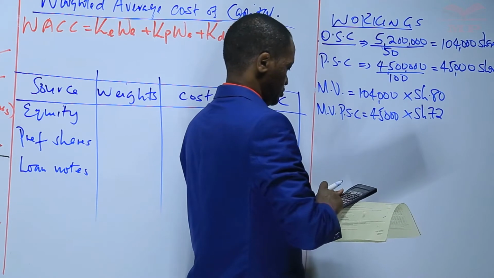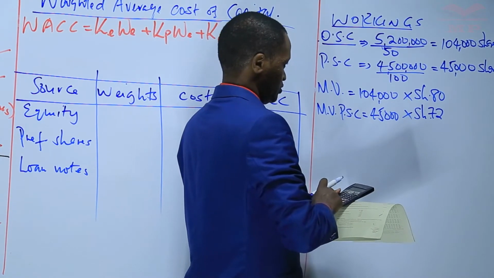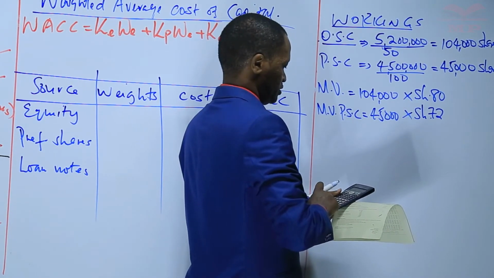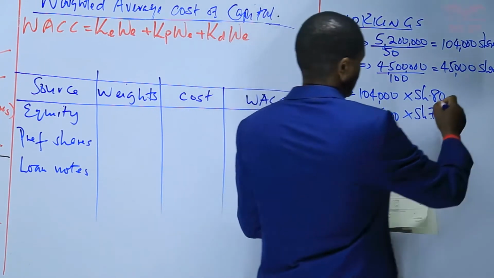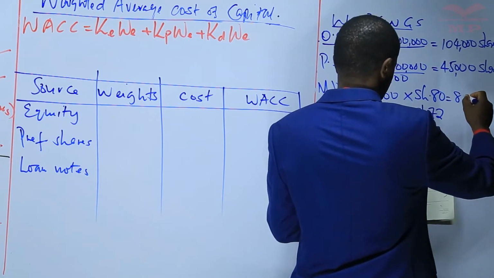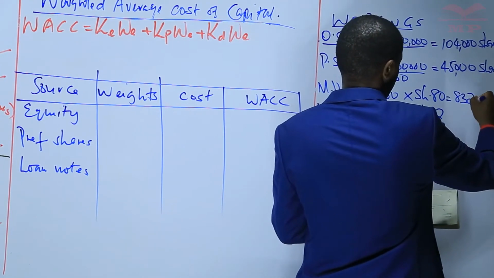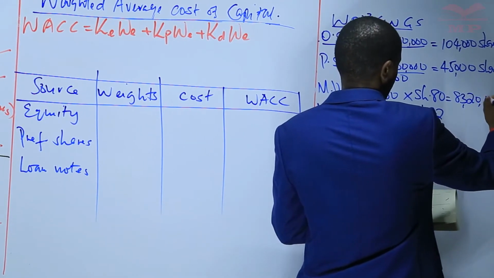Then that is 104,000 times 80, which is equal to 8,320,000.